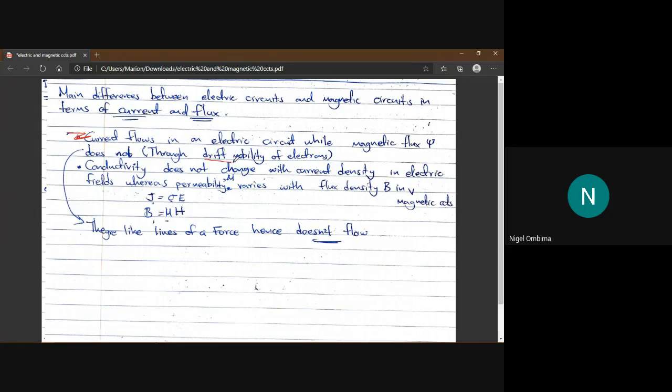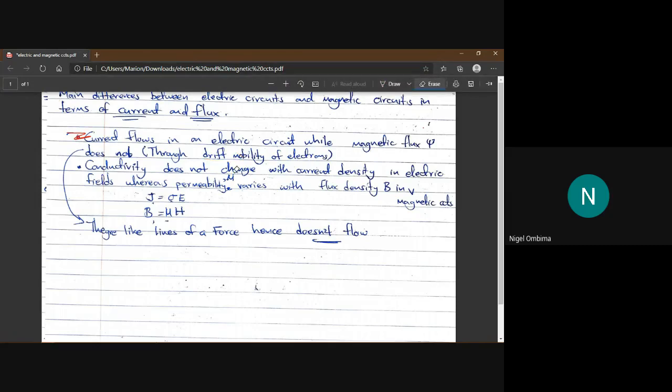In an electric circuit, you can remember from PE, through drift mobility of electrons, it allows for current to flow because current flows in the opposite direction of where electrons flow. I think that's pretty much self-explanatory.